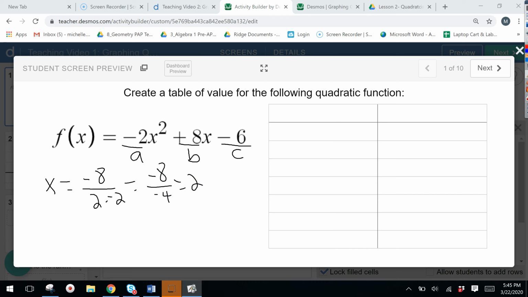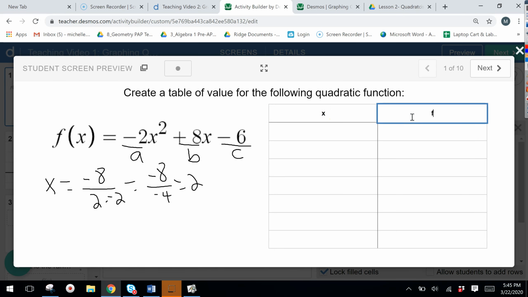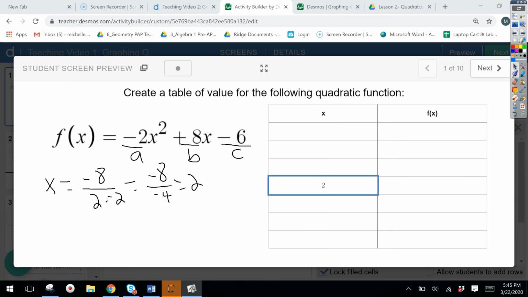So the x value of our vertex is going to be 2. I'm going to make our table here. This is going to be x, and this is going to be f of x, which is our y's. And again, the vertex is right in the middle, so I'm going to write it right in the middle. So this is the x value of the vertex.